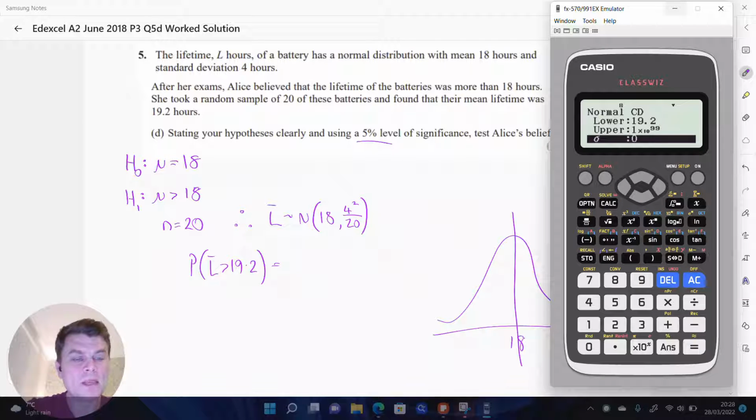Very big value. For the standard deviation, now you need to be careful with this. This value here is your variance, and your standard deviation will be the square root of that. So you need to put the square root of 4 squared, so that's 16, over 20, and close that bracket. The great thing about this calculator is it will automatically calculate that for you. And then we need to put our mean of 18 in.